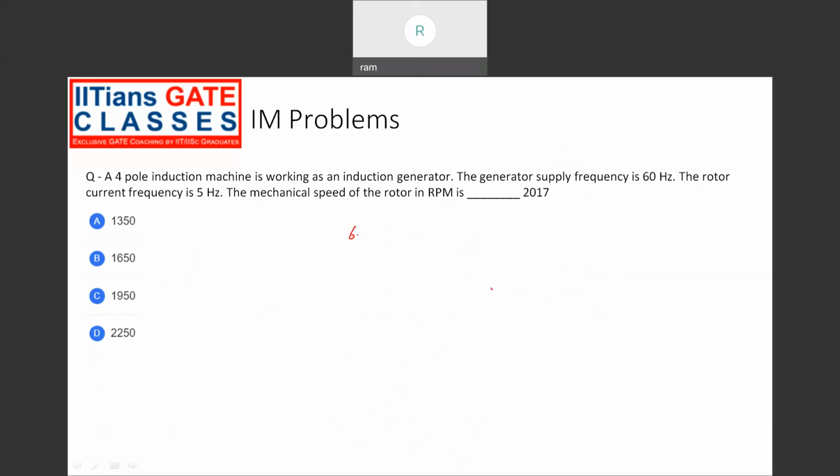So the generator supply frequency is 60 Hz, the rotor current frequency is 5 Hz. We know that the frequency of the rotor current is slip times F, slip frequency, right? So that is equal to 5 Hz. So slip equals 5 by 60, that is 1 by 12.